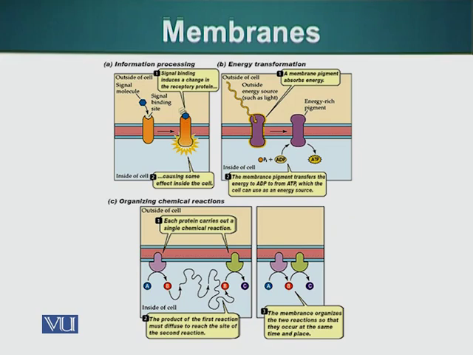Membranes can also organize these enzyme proteins in a sequence. We know that in metabolism, the end product of a chemical reaction is the starting point for another chemical reaction. So if these enzymes are organized on a membrane scaffold, these reactions can go on sequentially in a much smoother way.